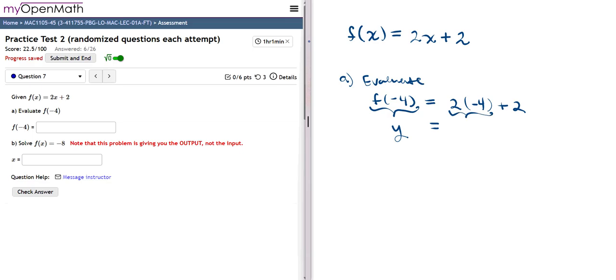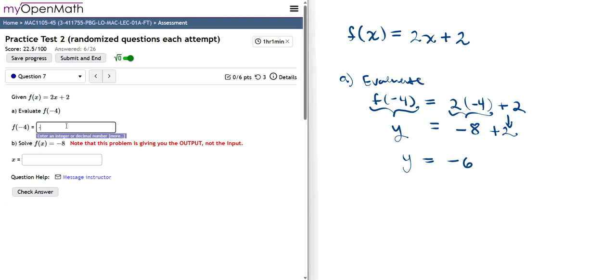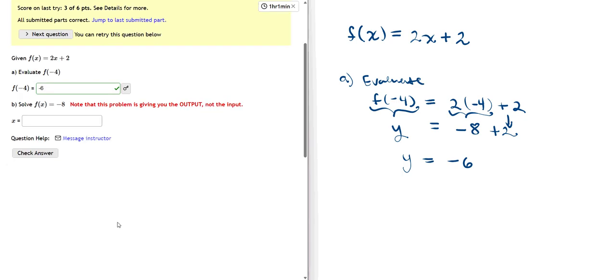So 2 times -4 is -8 plus 2 gives -6 for the first part. And for part B, we are supposed to start with f of x equals -8.